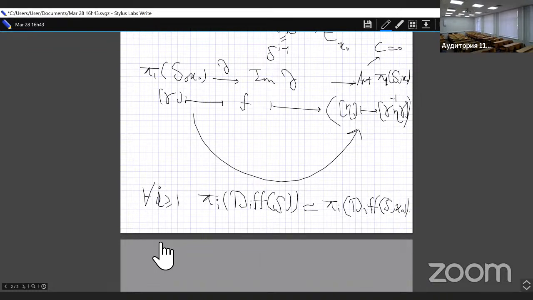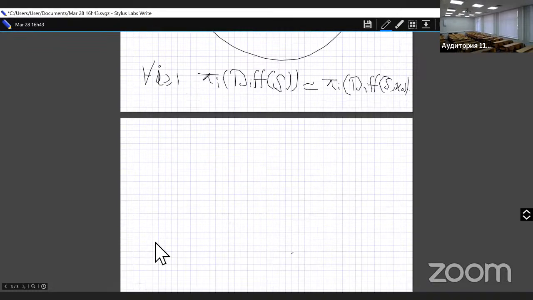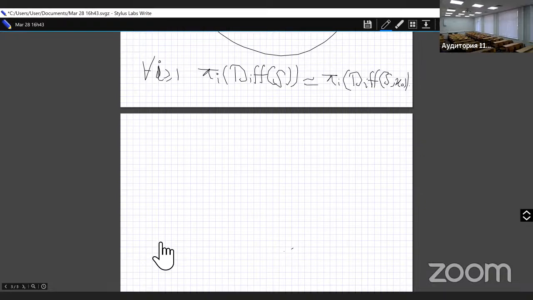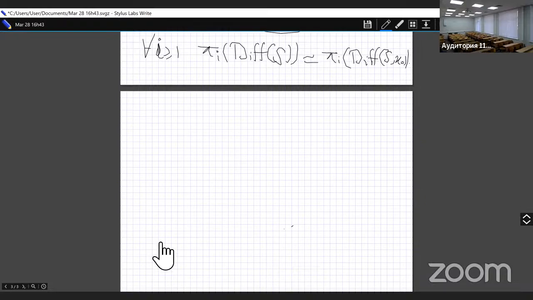Yes. So now we want to understand the relation between (S, x naught) and S mod the boundary. So now look at this fibration again. It's because we want to create a boundary. So to create a boundary, we need to remove a disk. So choose your favorite disk. Fix a disk D around x naught.